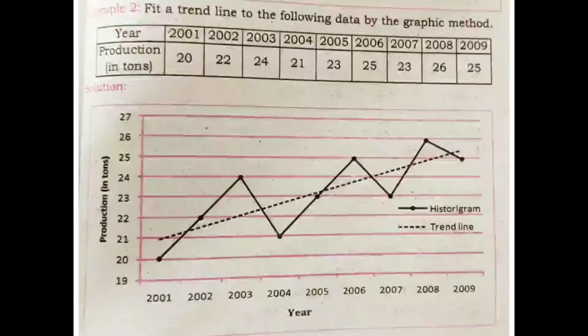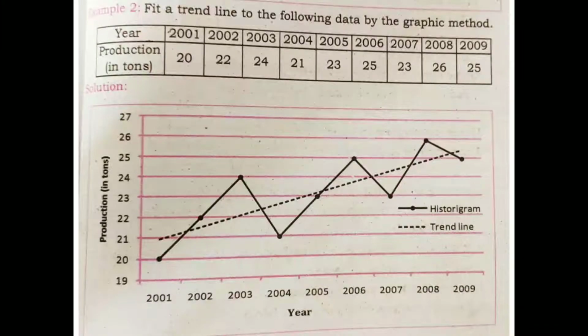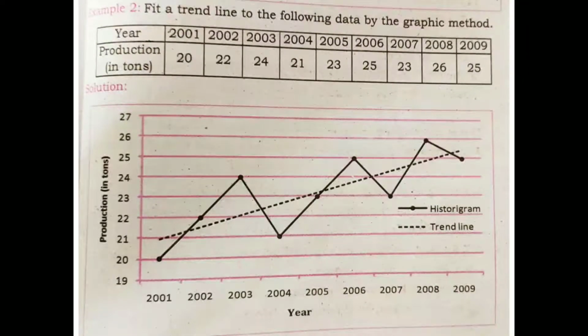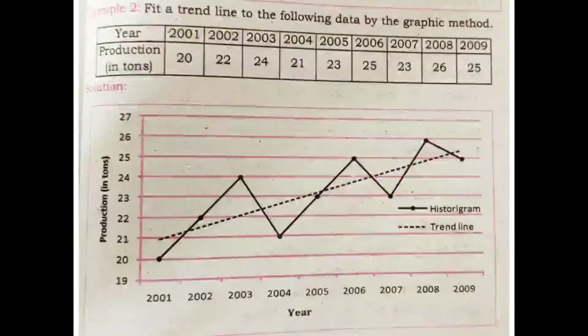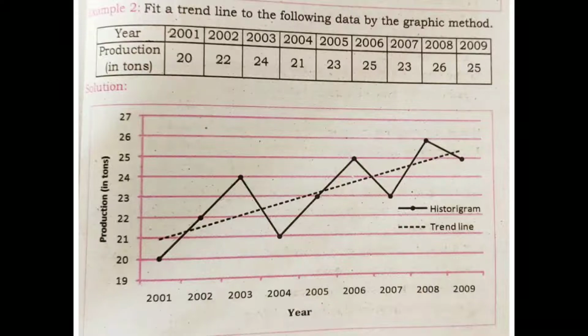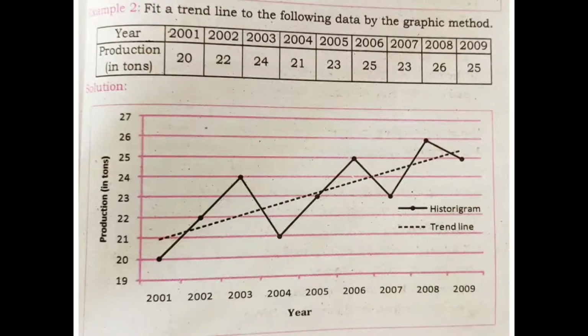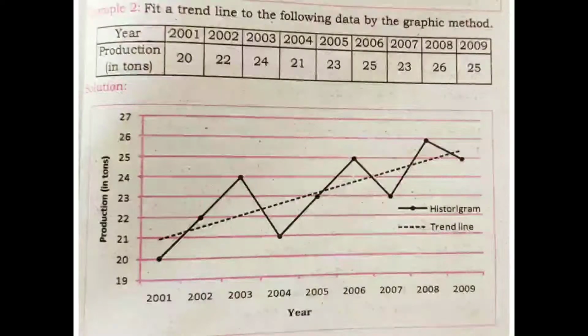Years are given, and production in tons. You need to plot the years on the horizontal axis and production in tons on the vertical axis. Then plot the points in the graph and join all the points. Draw the histogram, and after that draw the trend line.